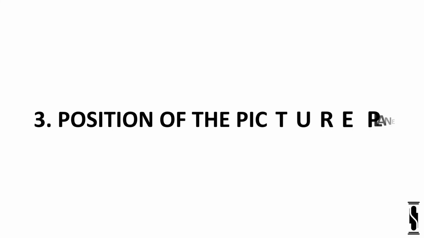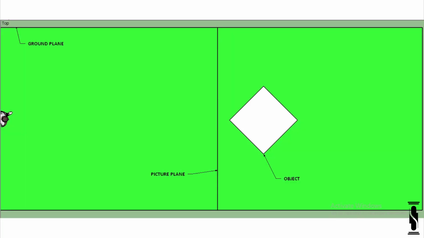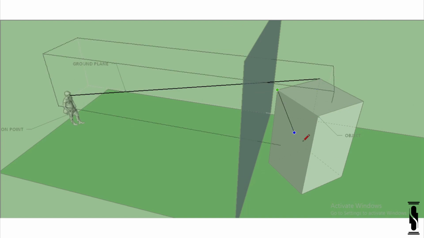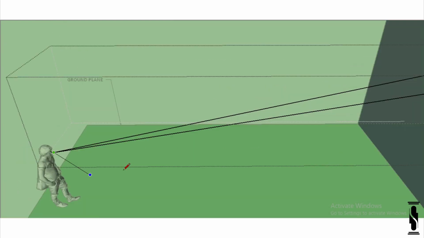Now, next is position of the picture plane. If the picture plane touches the object or is nearer to the object, the perspective view formed will be more or less equal to the size of the object.